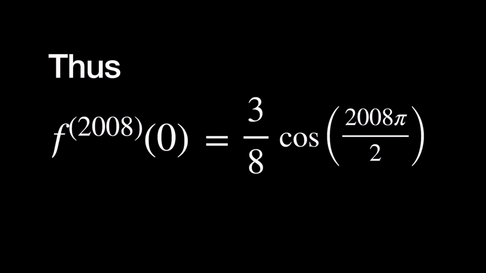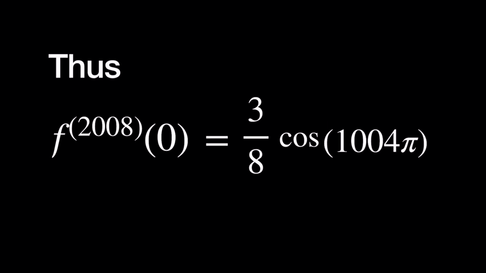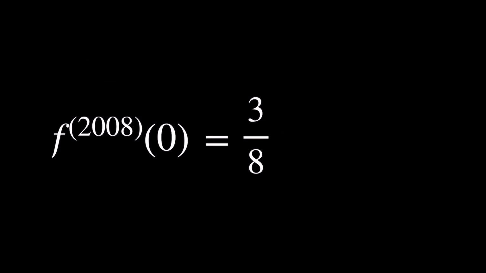Now 2008 divided by 2 is 1004. And because 1004 is an even number, the cosine of 1004 pi is 1. So that's the final answer. And I think this is a good place to stop.